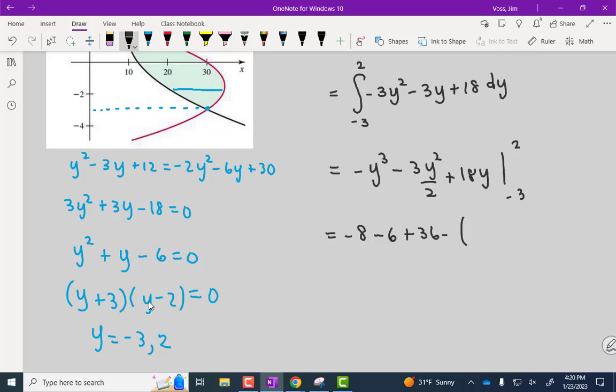So we're going to plug in -3 here. So it's going to be 81. Plug in the -3 here. We're going to get 9, which is 27 over 2 with a negative. Plug in the -3 here. We get -54.